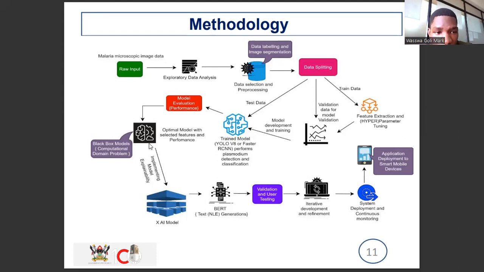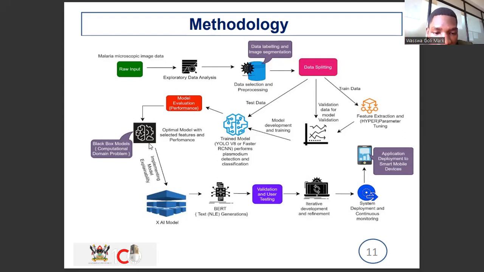But after this, we see that our models are black boxes, and that's what we're trying to eliminate. We'll go ahead and implement model explainability using a few explainable techniques like Grad-CAM, SHAP, and LIME. We're using these first of all because they are compatible with Hugging Face transformers, but we also hope to test others like occlusion analysis, integrated gradients, DeepLIFT, and others.